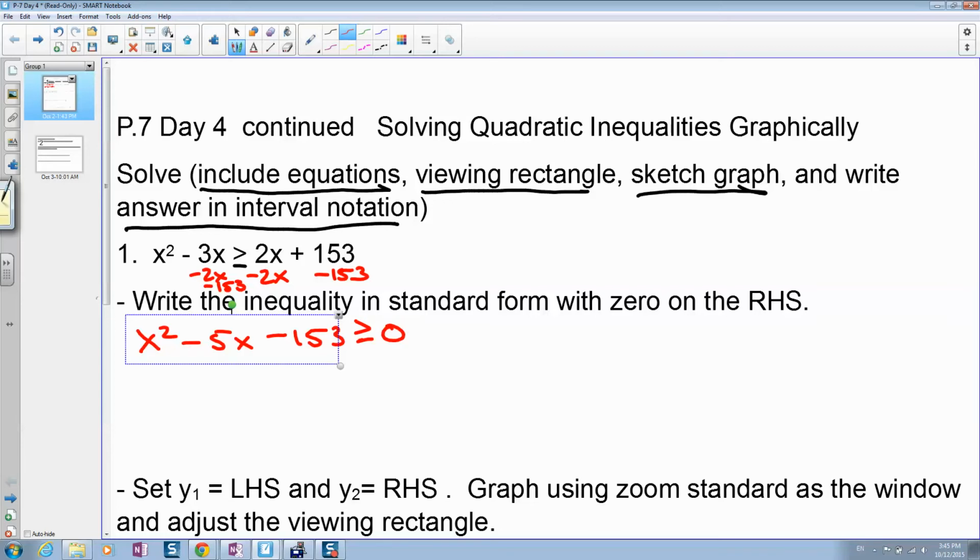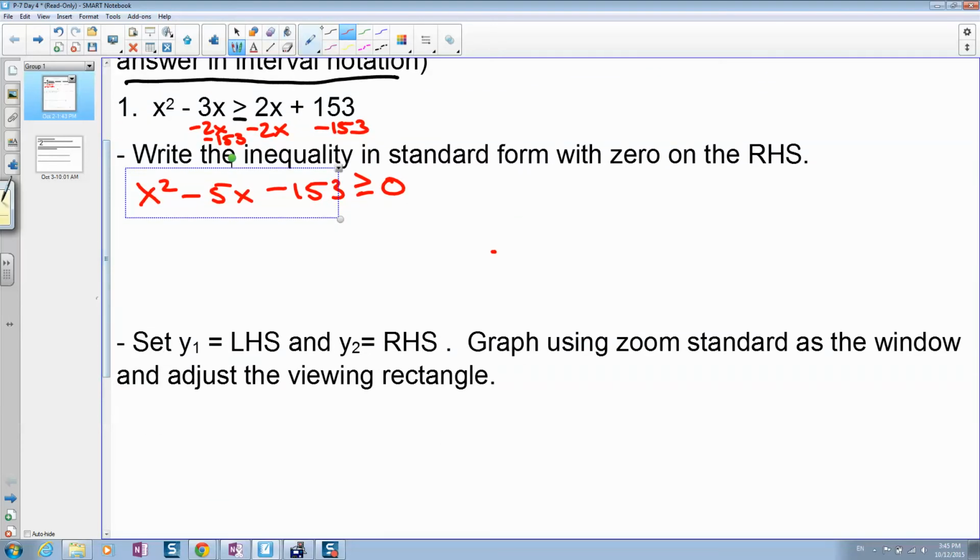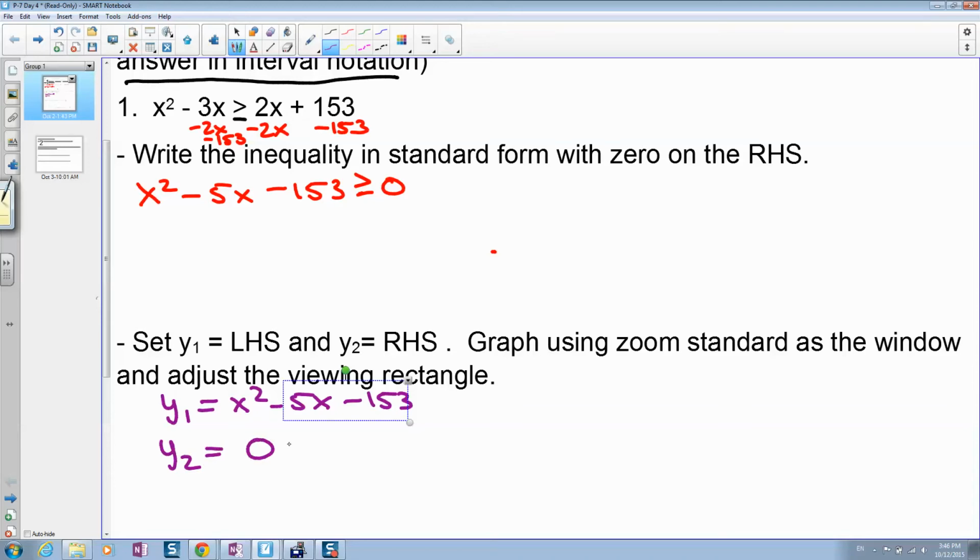The second thing is that y sub 1 is your left-hand side, which is x squared minus 5x minus 153, and then y sub 2 is 0, the right-hand side.